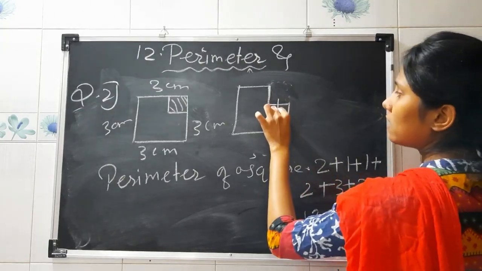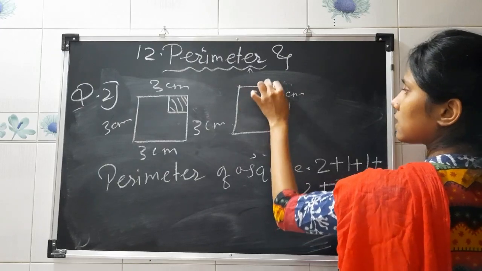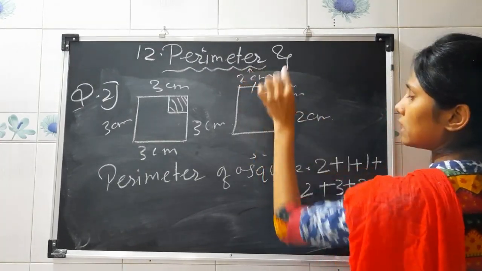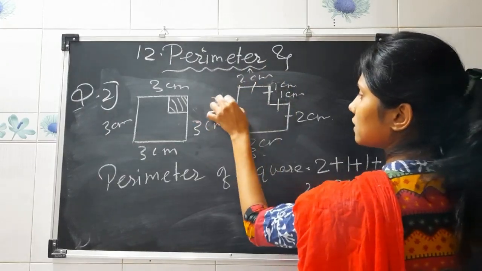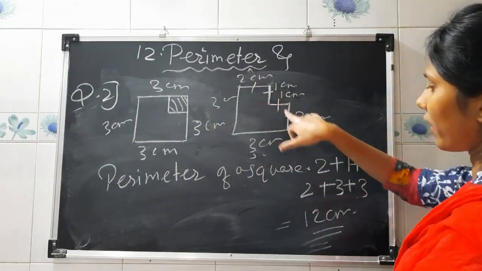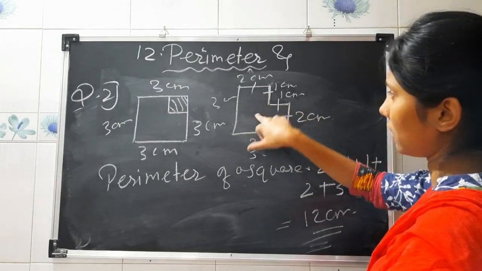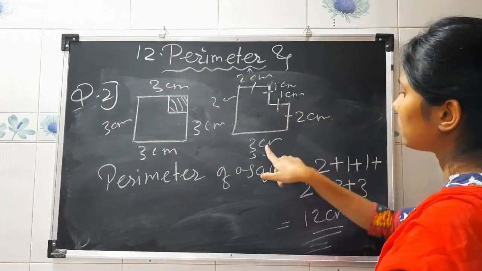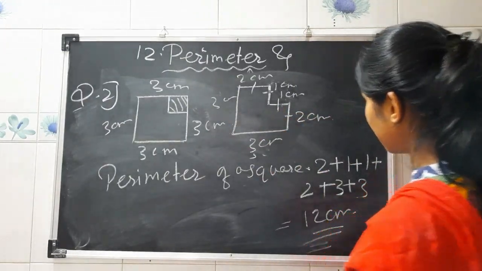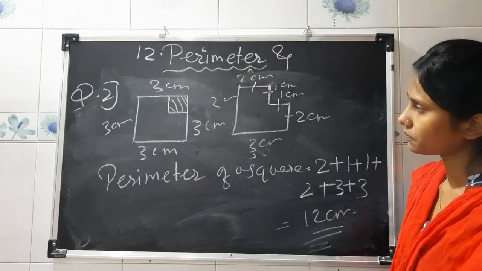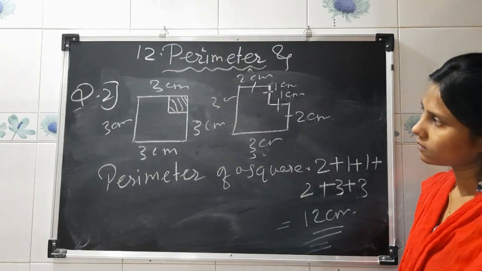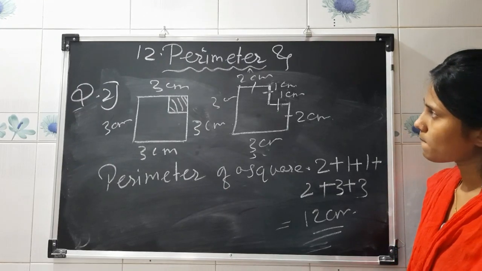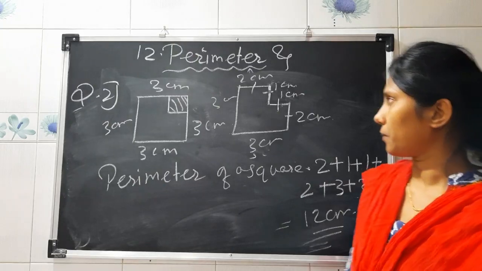This side will become 1 centimeter, this side 1 centimeter, this 2 centimeters, 2 centimeters, and this will remain as 3 centimeters. Now you have to find out the perimeter of the remaining shape. So 2 plus 1 plus 1 plus 2 plus 3 plus 3, 12 centimeters. Understood?